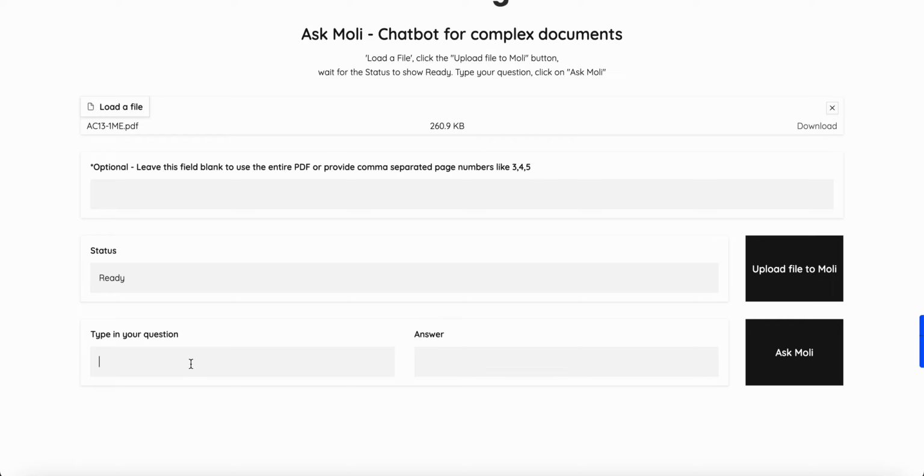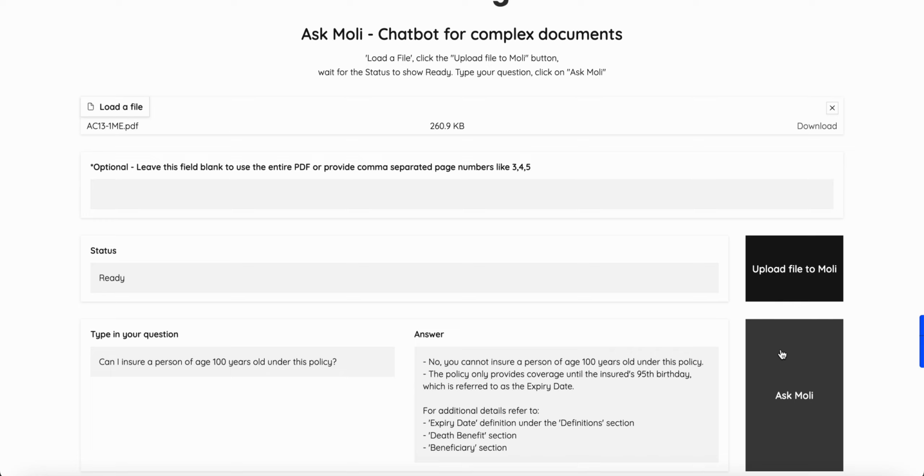So I'll start with something simple. Let's say, can I insure a person of age 100 years old under this policy? Let us see what our LLM solution says. What is happening right now is our LLM model took this question and ran it against its model built on top of the policy document, and it is telling us a definitive answer.